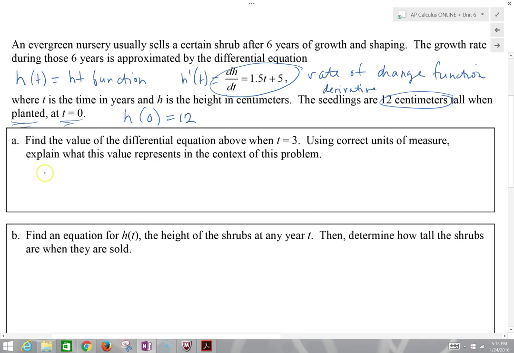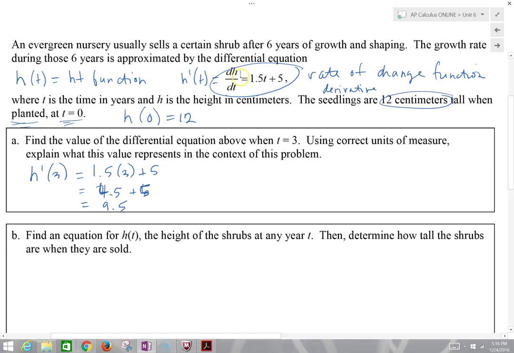So, we are talking about h prime of 3, and that is 1.5 times 3 plus 5, that's 4.5 plus 5, and that equals 9.5. But the question says, what is this value representing, and what are the units?